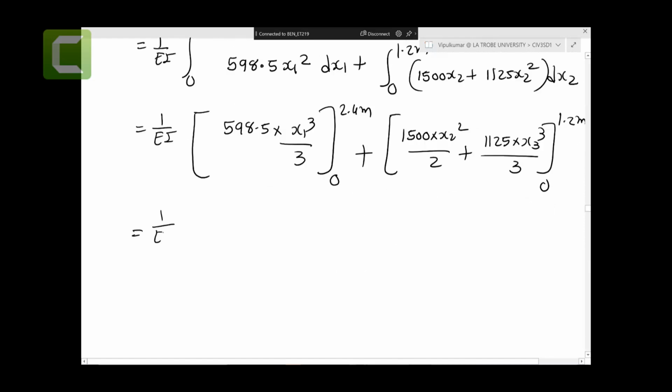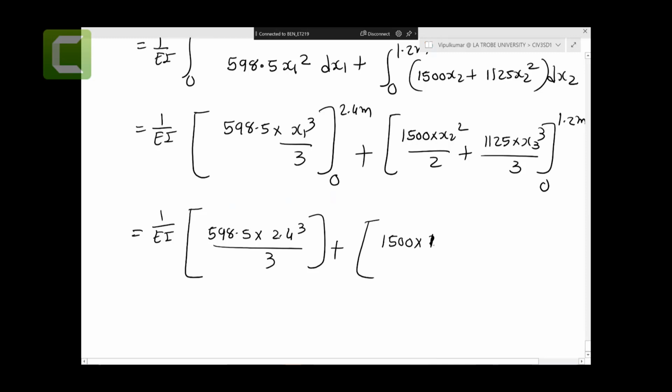So we just plug in the values: 598.5 times 2.4 cubed on 3 plus 1500 times 1.2 squared on 2 plus 1125 times 1.2 cubed on 3.